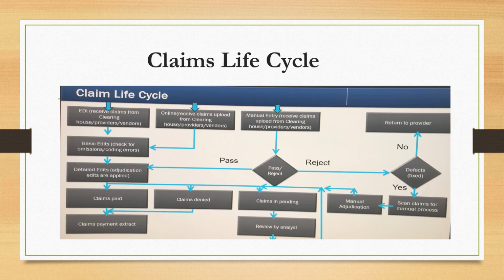All right, let's talk about the claims lifecycle. So there are three ways to submit the claim. Through the EDI system, electronic data interchange, where there is no human interaction. Basic edits will happen, checking for omissions, coding errors, all this, and then it will be submitted to the adjudication system. We call it Facets too.